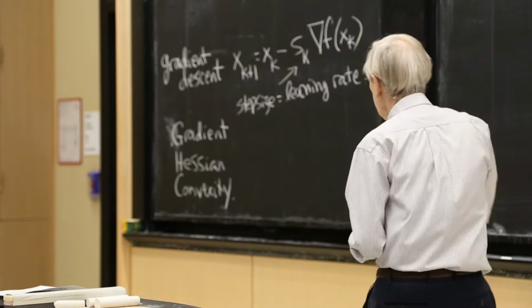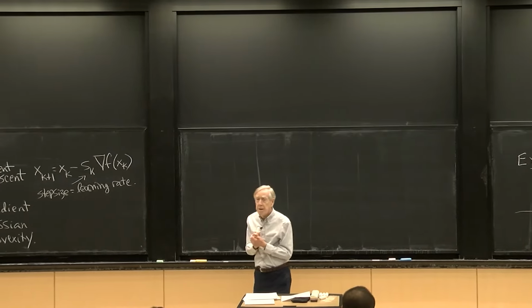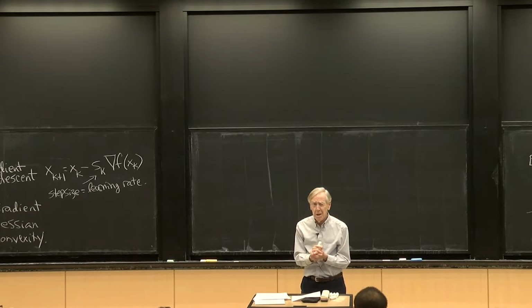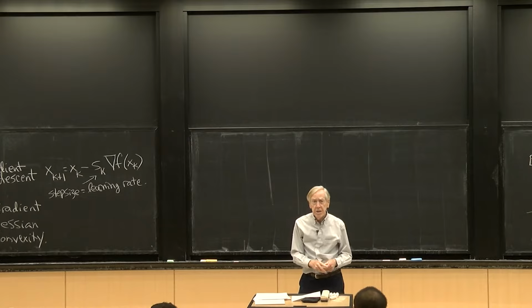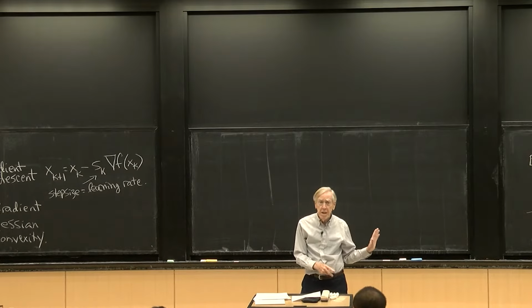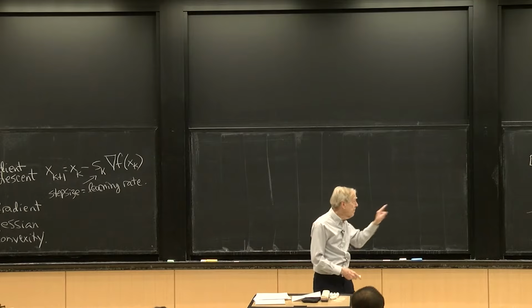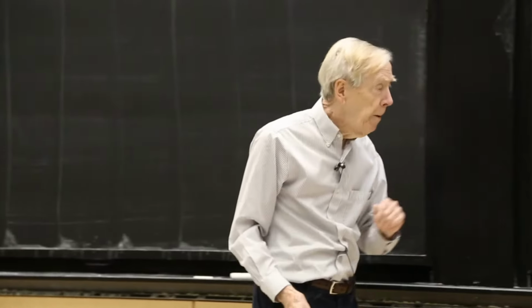Okay, so you've already met the idea of gradient, but let me just be sure to make some comments about the gradient and the Hessian and the role of convexity before we see a crucial example. So I've prepared this crucial example over here.